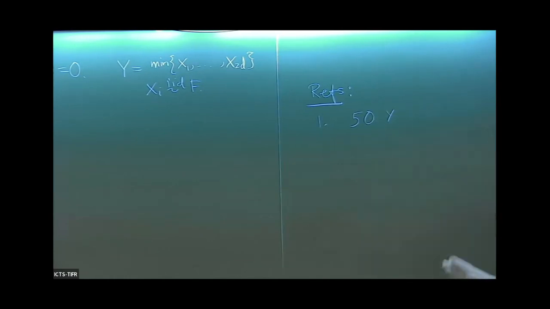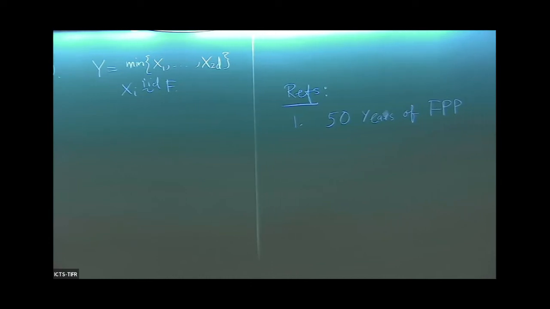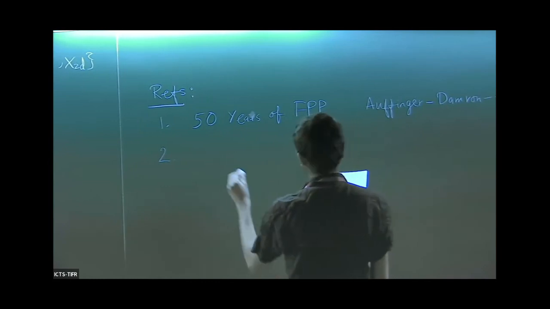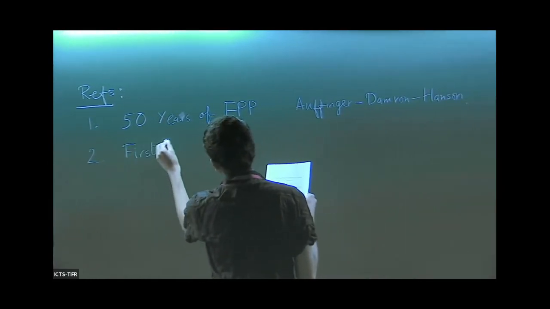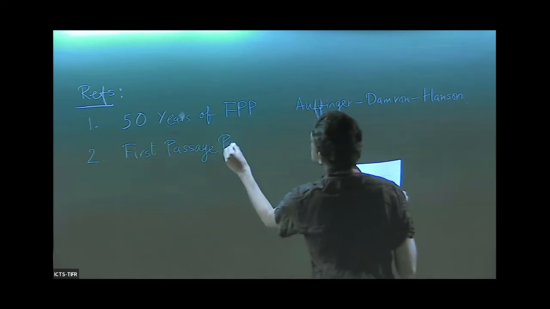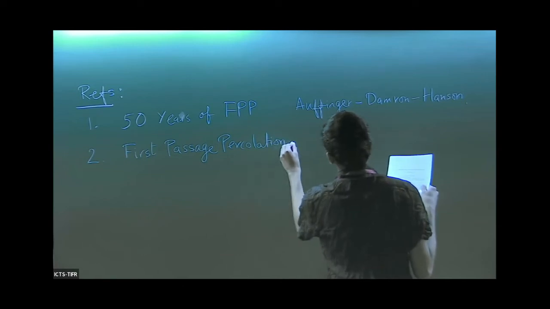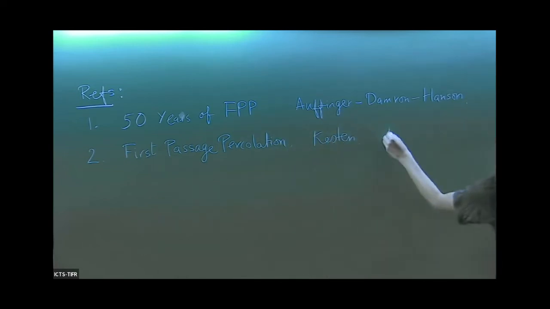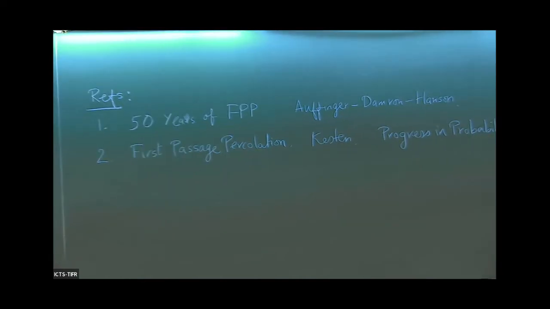The first one is the book by Michael Damron, Jack Hanson and Antonio Auffinger, and then there's also this survey by Kesten, in the Birkhäuser series Progress in Probability, volume 54.